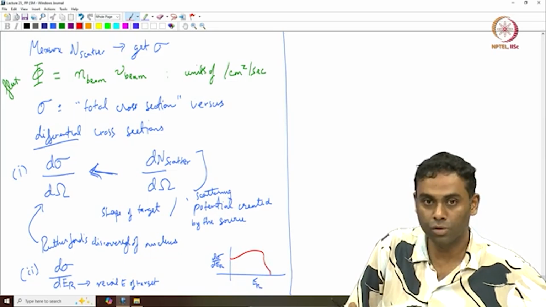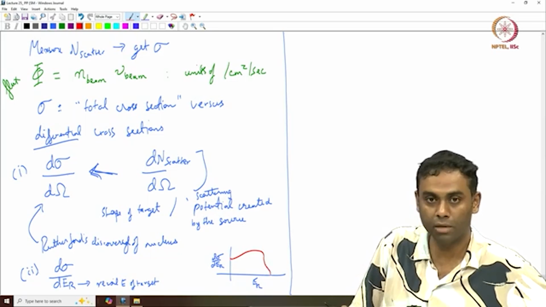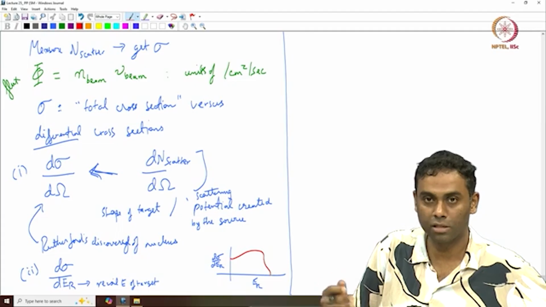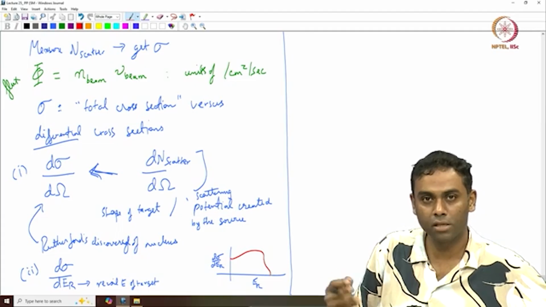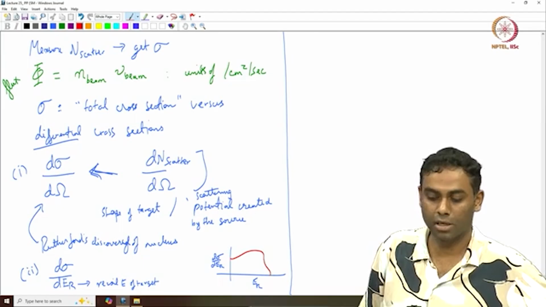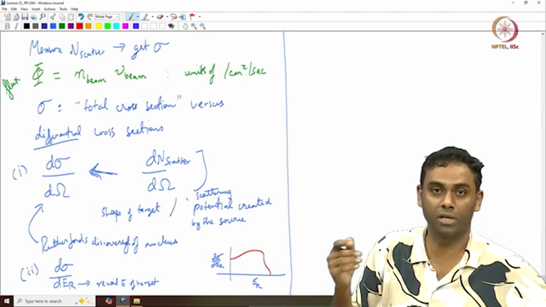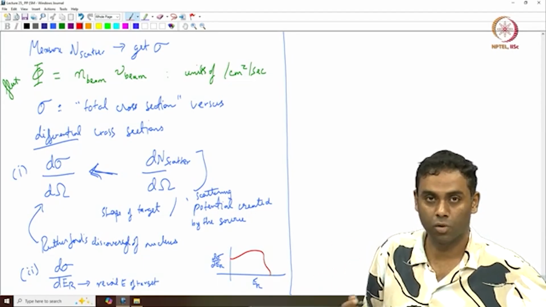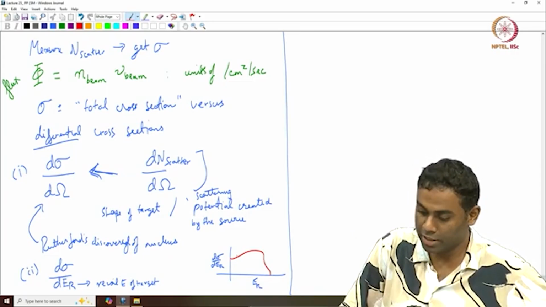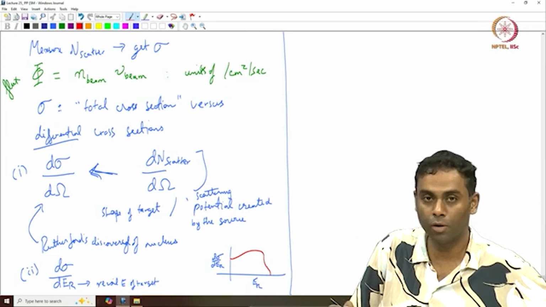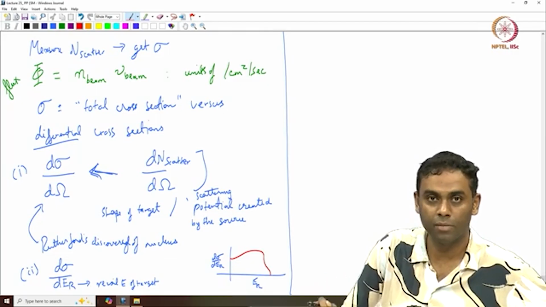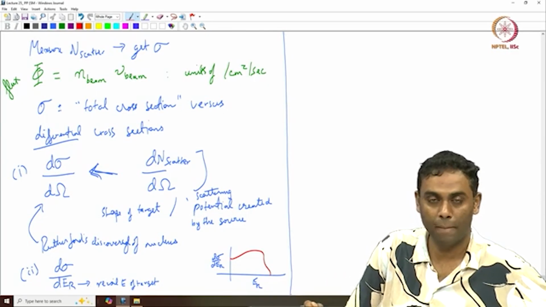So that clearly tells you that, beyond a certain ER max, your particle is not scattering. So that tells you something about their interaction. That tells you something about the target, probably the mass of the target that you are studying, and so on, right? And then the features like these will tell you more about the interaction structure between the target particle and the beam particle.